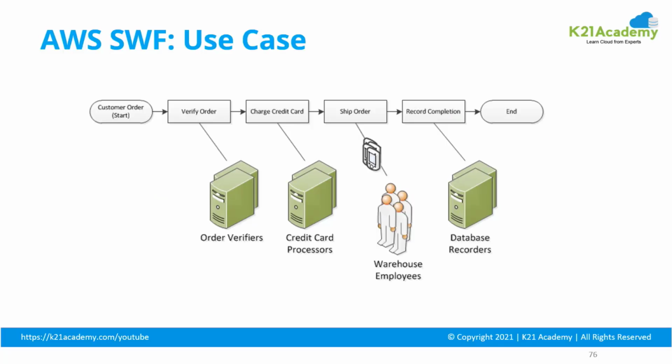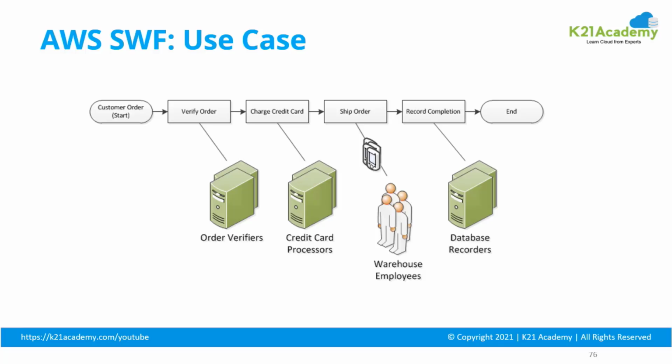An example use case: you're doing order fulfillment right from start till end. Your customer places an order, it verifies that the order is correct, checks the inventory, and based on that, if the inventory is correct, then charges the credit card, prepares the order and ships it, and then records the completion. All these are different workflow steps, and you make sure that they run one after another.